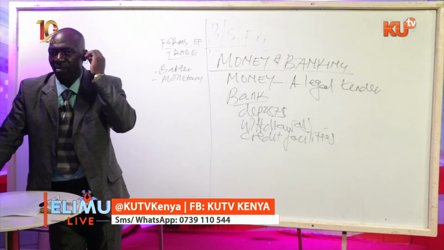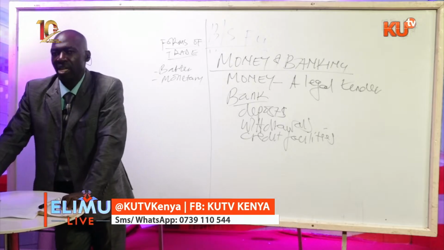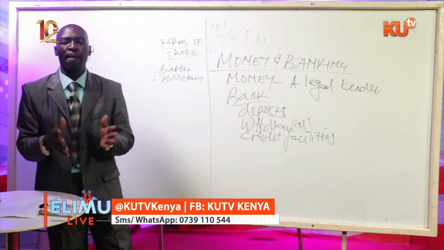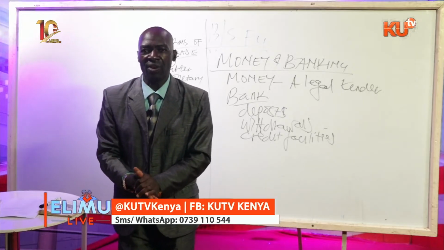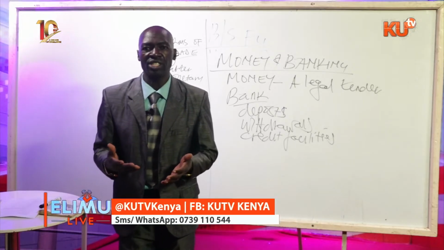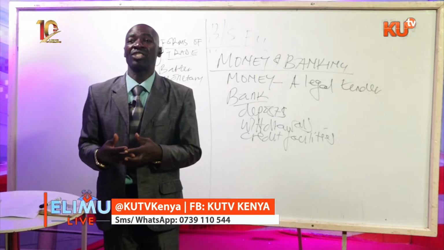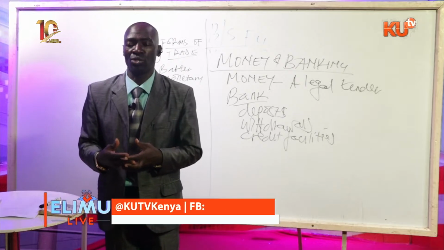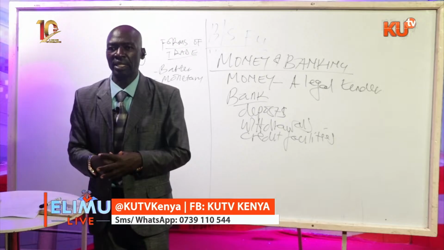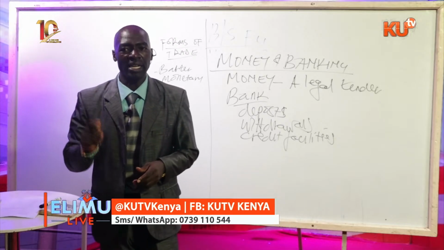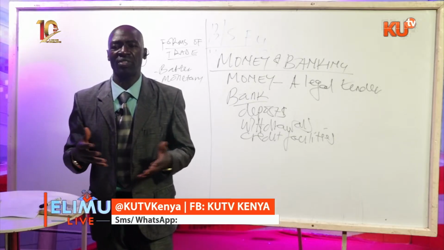Before we look at the characteristics and functions of money, let us look at barter. It is an ancient way of trade whereby goods were exchanged for other goods. That is barter trade.